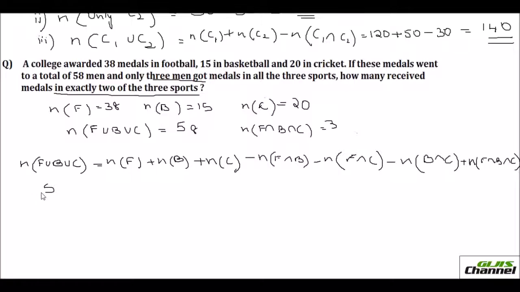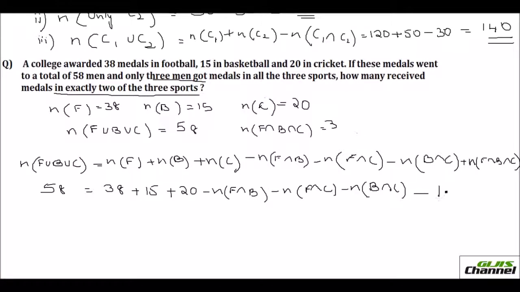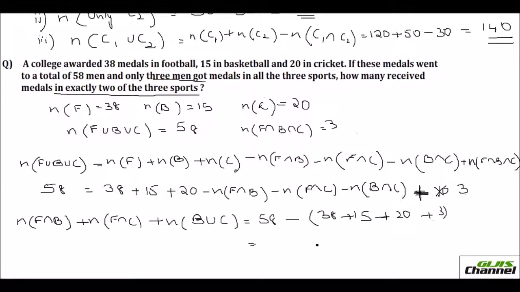So I get 58 equals 38 plus 15 plus 20 minus N of this we don't know, right? All that you don't know you can write as it is. This we know it is 3. Okay, so that would be plus 3. I'm just solving for it. So that will give you 18.